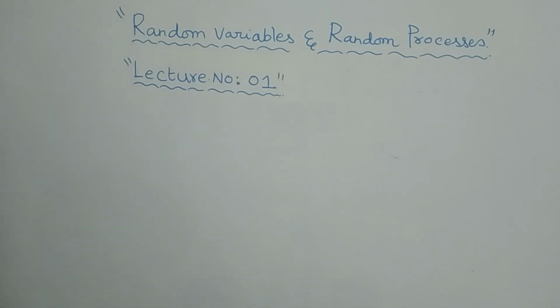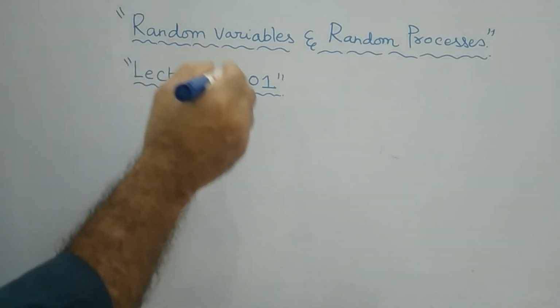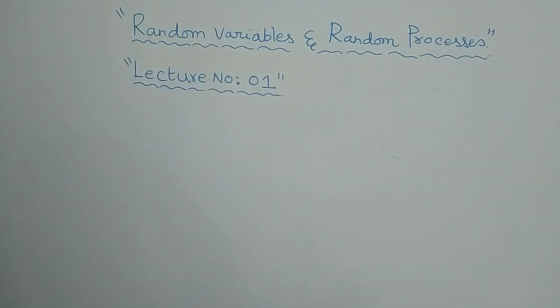This is one of the very important and very interesting subjects of the electronics and communication discipline, and the concept of random variables and random processes can be used in signals and systems, as well as in digital signal processing, and also in the estimation of signals, especially those with noise.